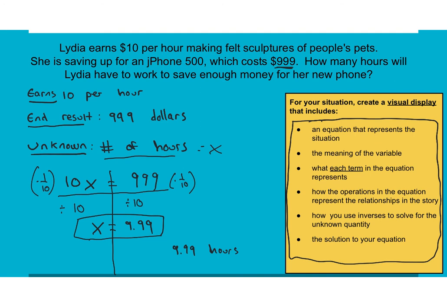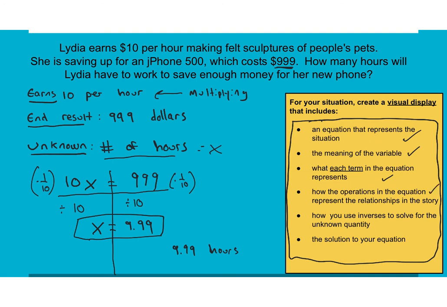So if I were creating my visual display here, I would also be talking, so I already talked about the equation, the meaning of the variable, what each term represents. I did that right here. I said that 10, I could say multiplying, that 10 represents $10 per hour being earned. I could say that my $999 represents the end result, or the amount she needs, and that my variable represents the number of hours.